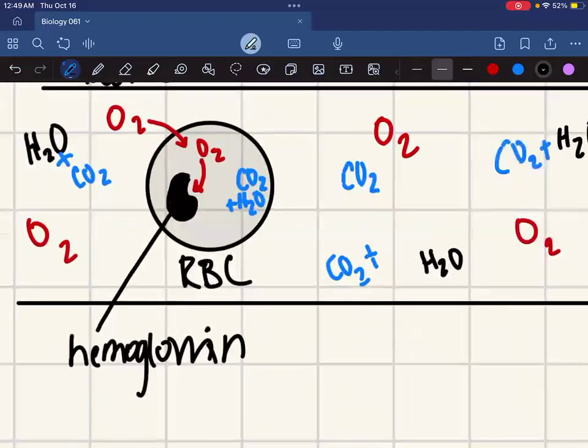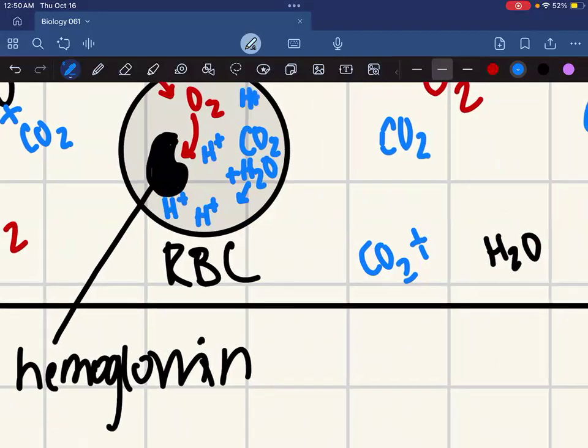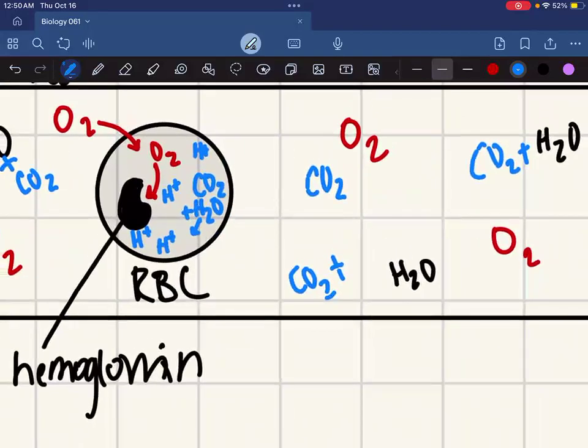Because after the whole reaction of CO2 combining with water molecules, creating carbonic acid, which then dissociates into bicarbonate and H plus ions, those H plus ions start to fill up within the cell, and that allows for the pH to decrease.